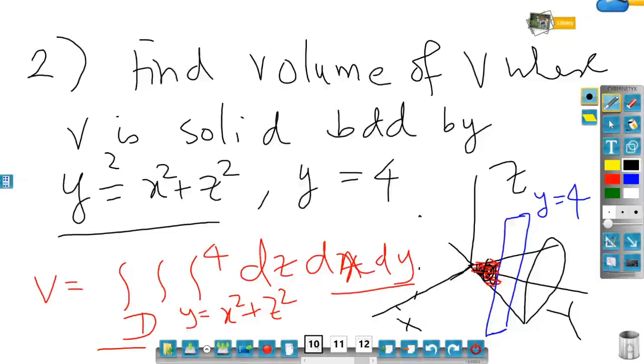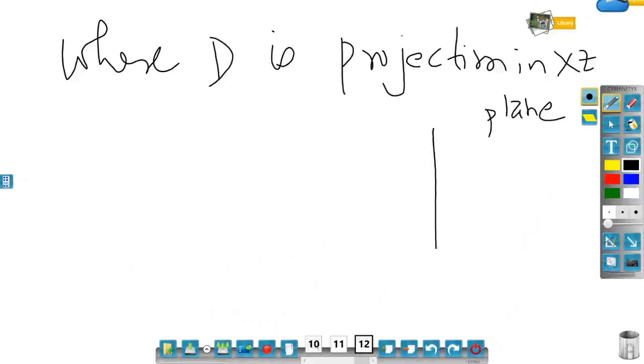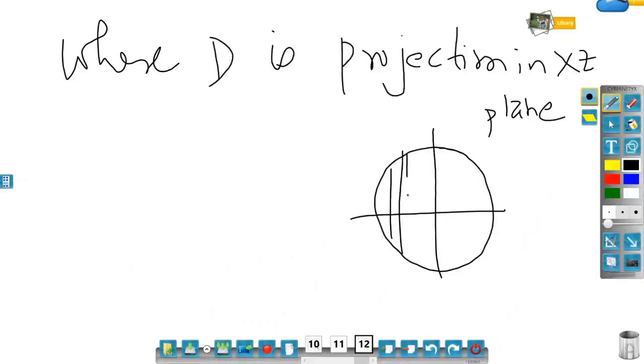So it will form a disc whose radius is the maximum radius over here. So you can see in the 2 dimensional diagram, it will be a disc whose radius is 2.